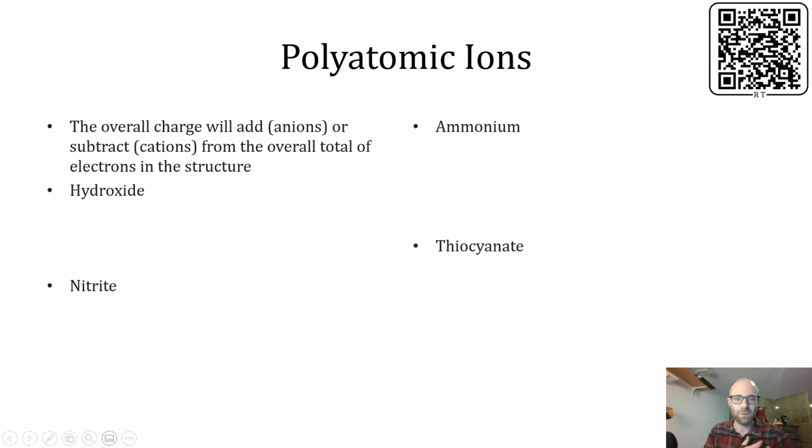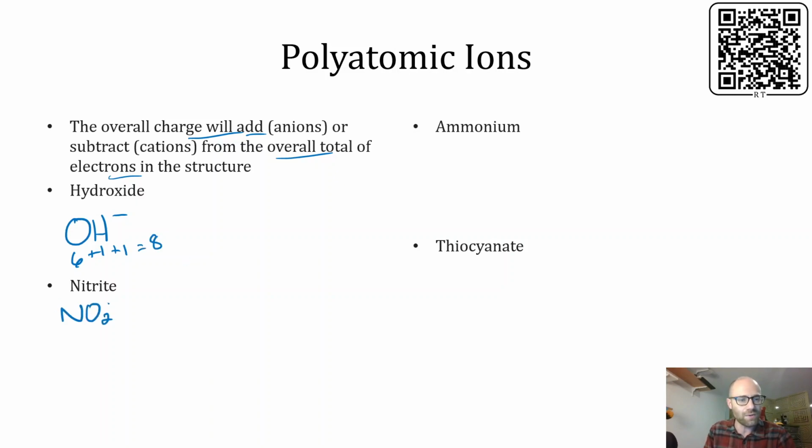Polyatomic ions. We glossed over the fact that they're covalently bonded ions, but let's try and draw a couple of them. In each case, we're just going to take that overall charge, and we're either going to add or subtract from the total. So hydroxide from table E is an OH-, that's 6 plus 1, and then this negative charge means we have another 1, so that's 8.